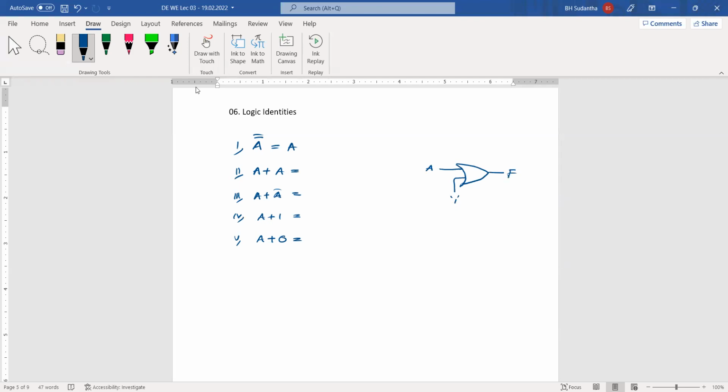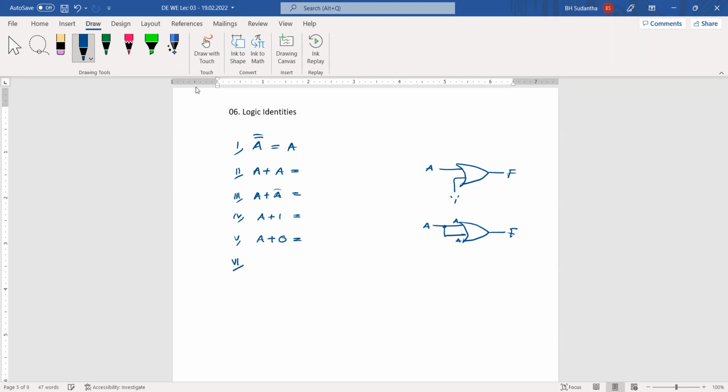Then find this one. What is A plus A? We have combined both terminals together. Then if this is A, here also A, here also A, then we have to find the output. Okay. Then this is for the OR operation.